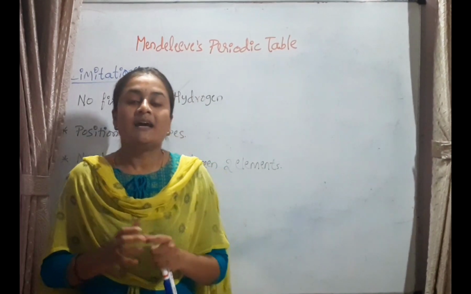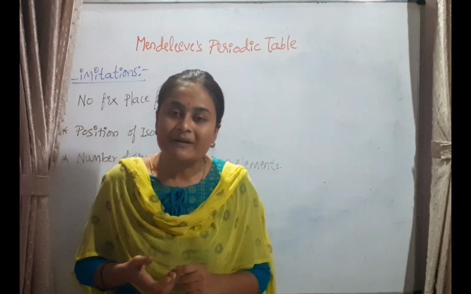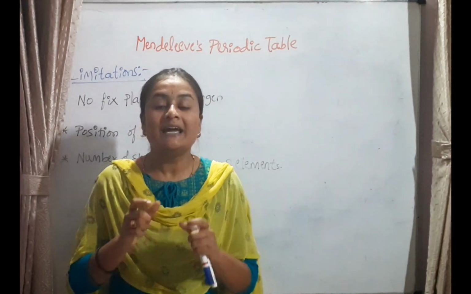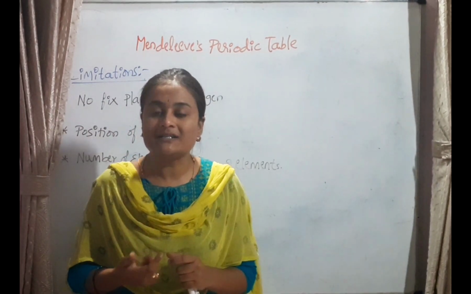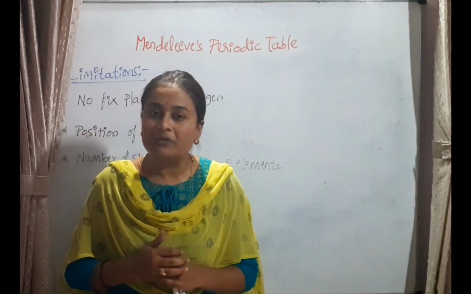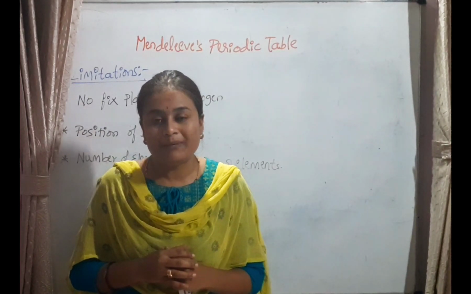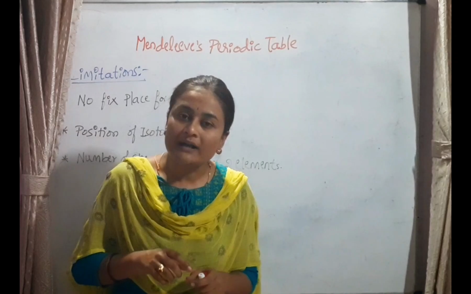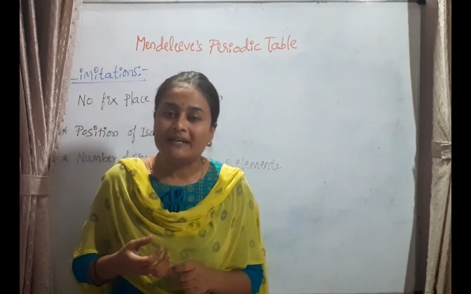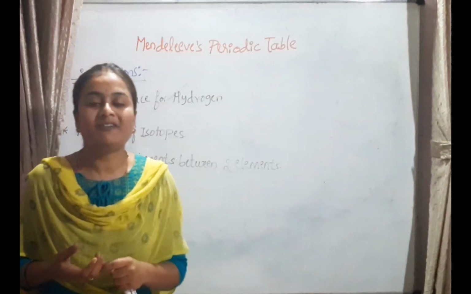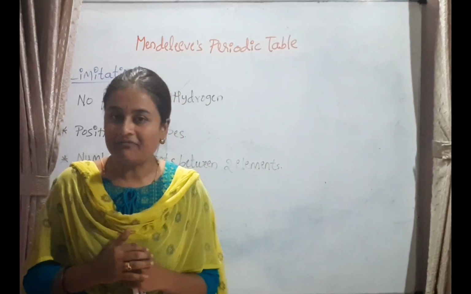And another thing is, hydrogen also shows similar properties to those of halogens. That is, it combines with metals and non-metals to form covalent compounds. Therefore, it is not possible to place hydrogen in either group 1 or group 7. It is the limitation, that is, he did not give the perfect place for hydrogen. This is the first limitation.